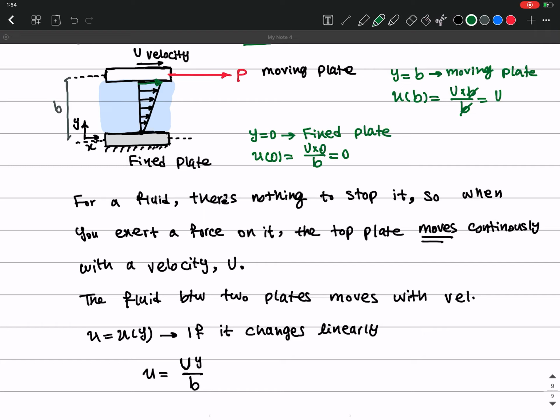Because the velocity of the moving plate is U. Okay, so this formula is consistent, and anything in between is going to change linearly, and that is actually the formula of this linear change that I showed you here.